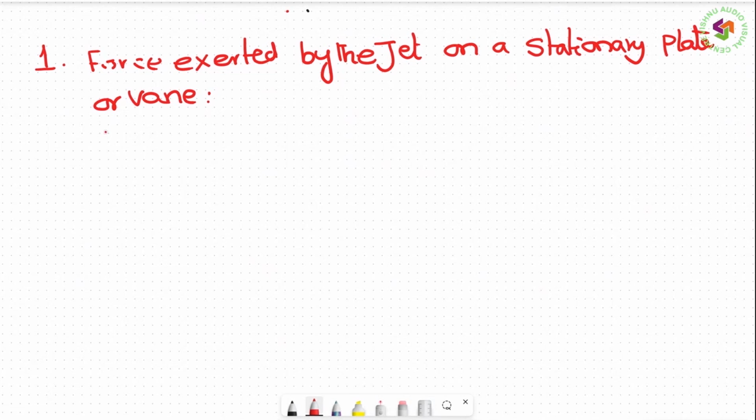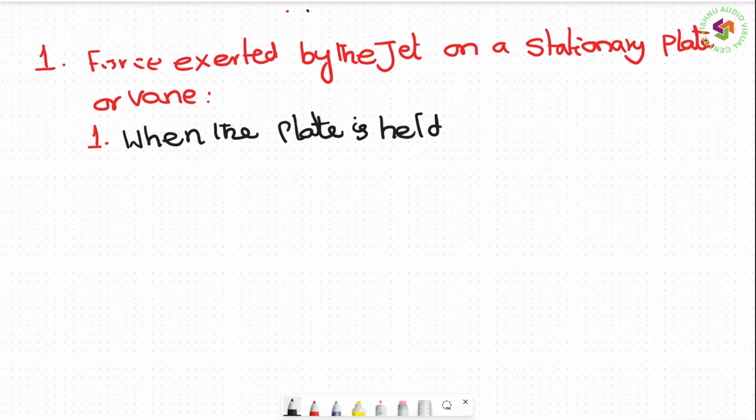So what are the cases here? Case 1, when the plate is held normal to the jet.